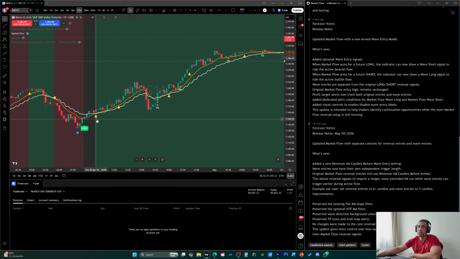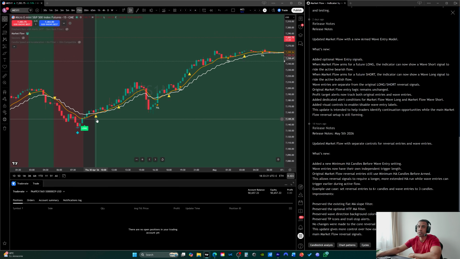This over here means that it has to have 10 Heikin-Ashi candles in one direction before it starts looking for a reversal pattern. That way, when you get the reversal pattern, it's on a market that's typically overextended. Okay, so that's that.